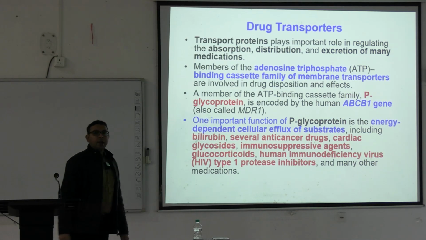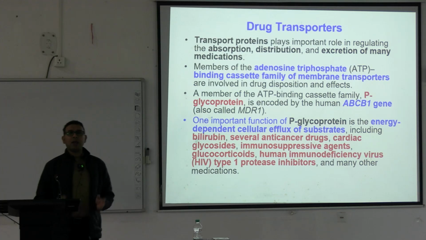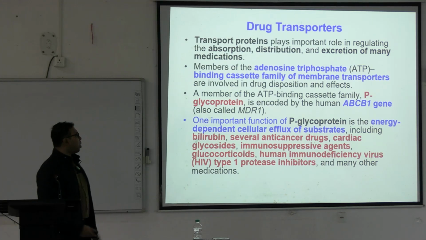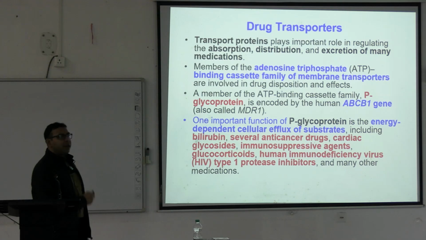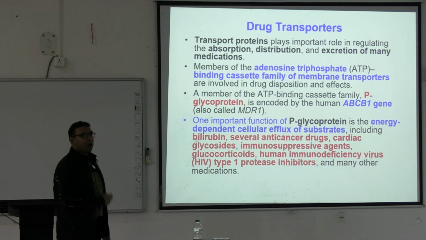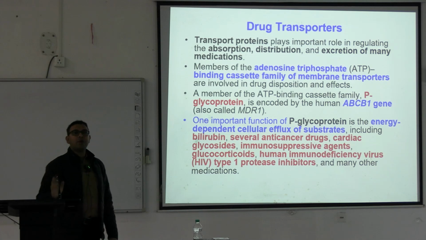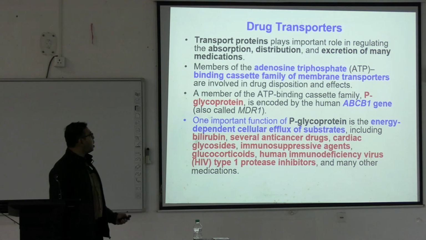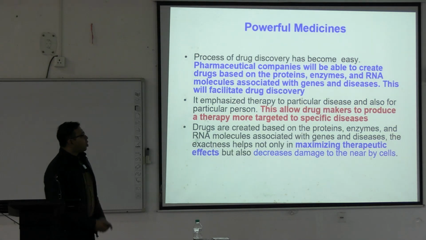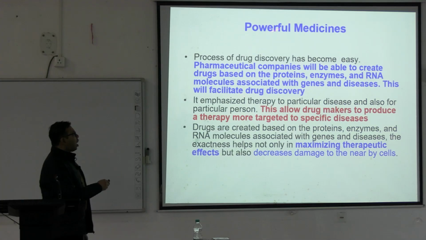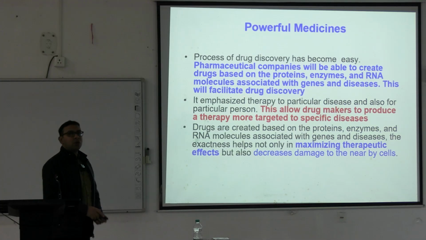Drug transporters, again the proteins, are determined by the genetic makeup. Examples are P-glycoprotein and the ATP binding cassette transporter proteins. Again, if there are some changes, the drug will not be transported to the target site, and that may be the problem.